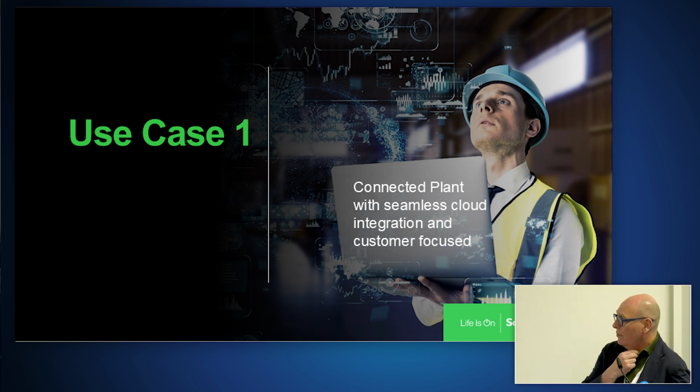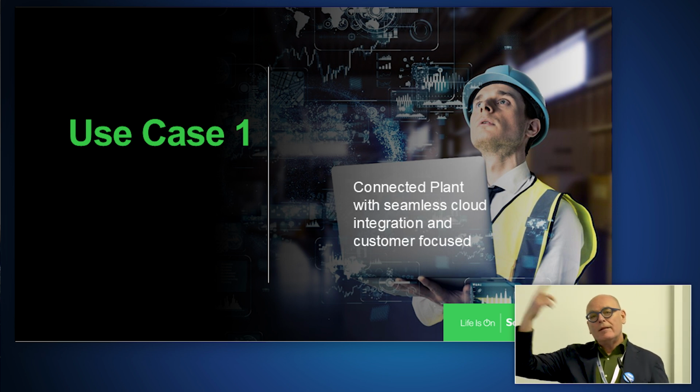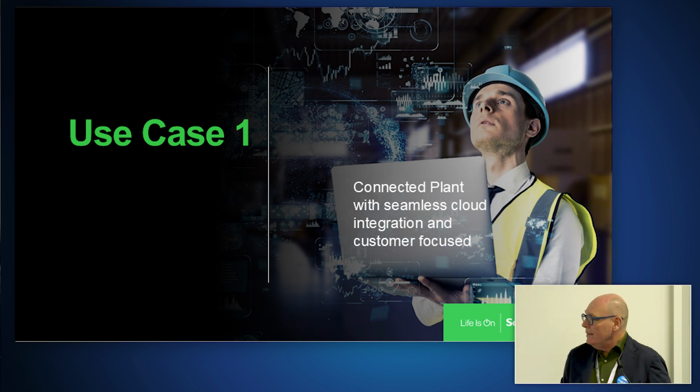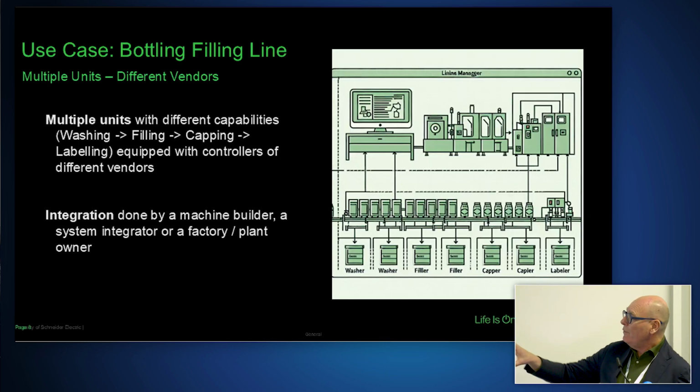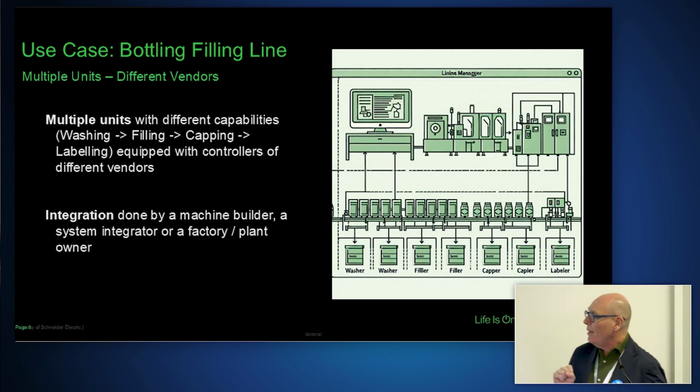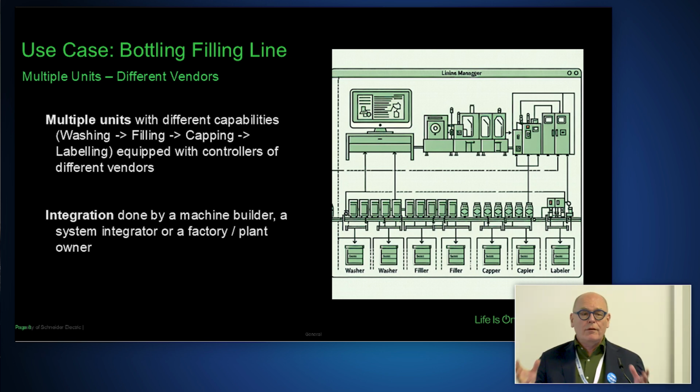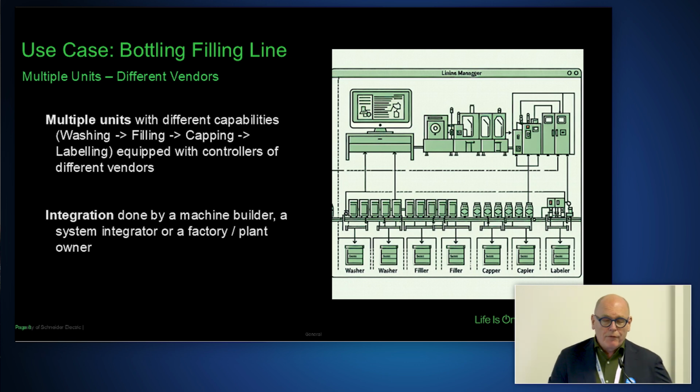He wants a connected plant, seamless cloud integration, as we hear later, and he wants it customer focused. I've used your example, Peter: a washer, filler, capper, labeler. So it's a filling line.